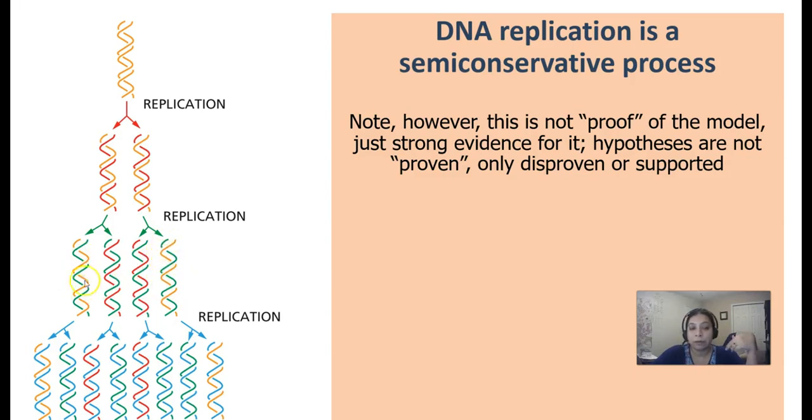So you would have 50% completely light and 50% at that intermediate level. Nothing is 100% heavy anymore. And then when you continue further down, you see even more reduction of that. So again, only those two initial bands from that first replication that contained one of heavy strand. Everyone else is going to be at that lighter level. So you're going to get a light band and a heavy band and an intermediate band.